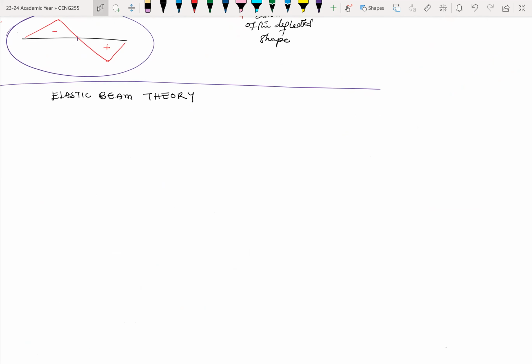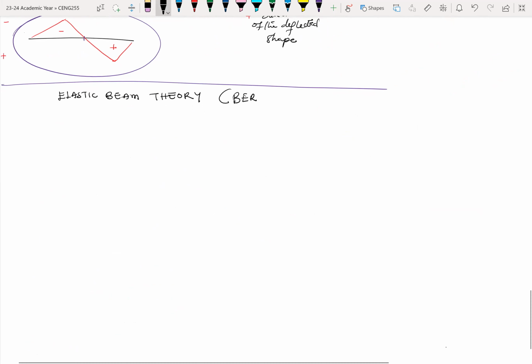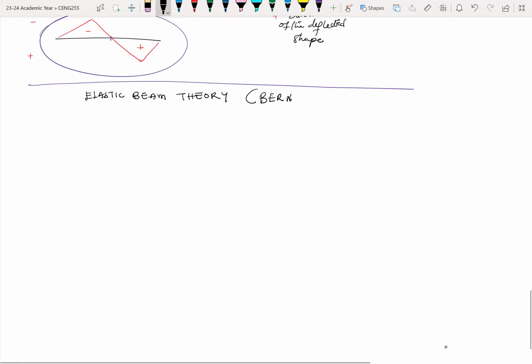So let's look at the elastic beam theory. And that's basically the Bernoulli-Euler beam theory.